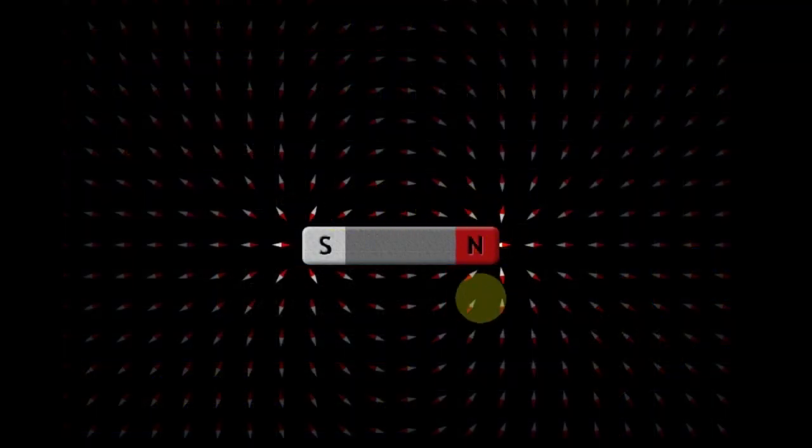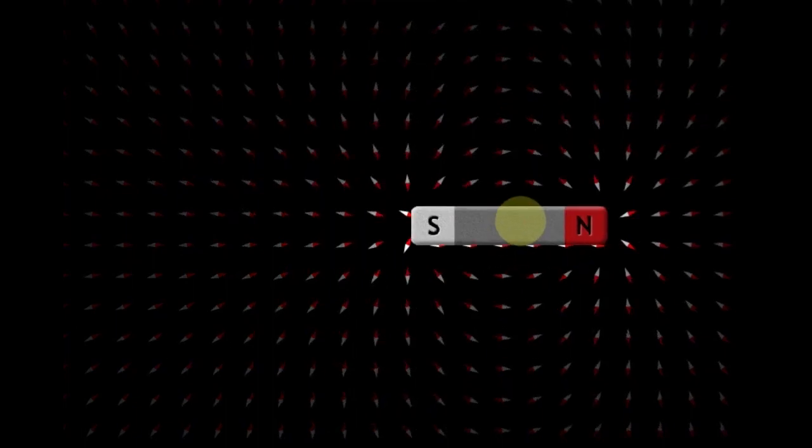Now this magnet has its own effect around the space where it is laid. So a field can be defined as an area of space where some physical quantity is distributed with some direction and some magnitude.